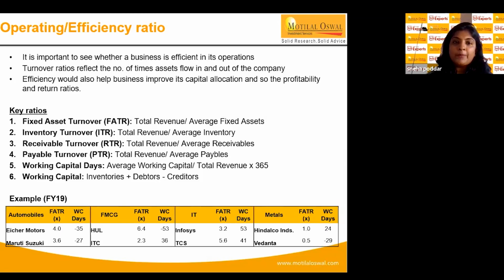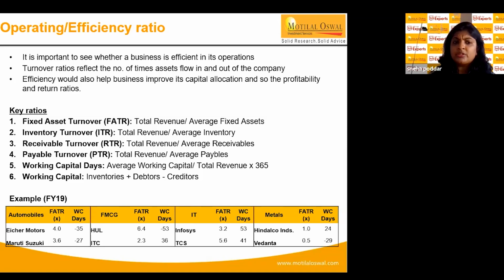Next is the operating ratio, or the efficiency ratio. Here, we look at how efficiently the company is able to run its operations on a day-to-day basis. There are certain ratios that will help you understand the day-to-day operations of the business and its efficiency, and these are called the turnover ratios.